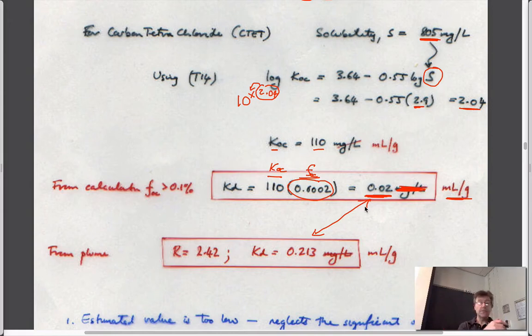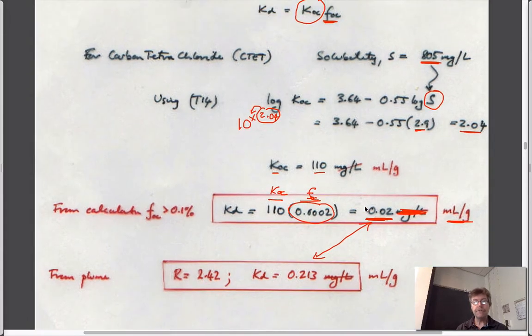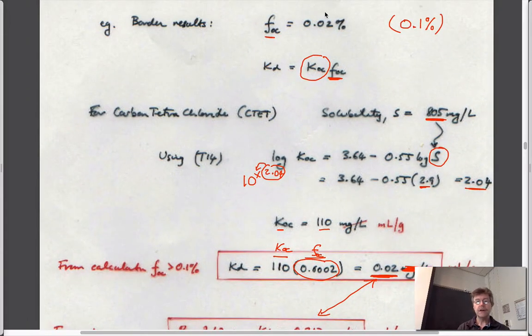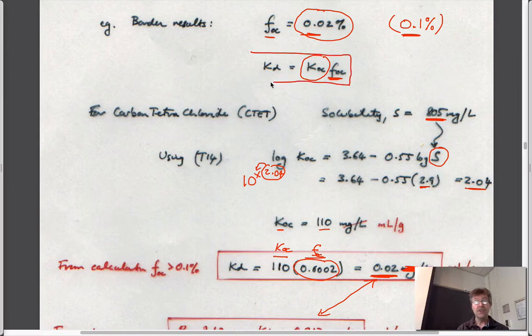Because what we're assuming is that if we only have 0.2, 200ths of 1% of carbon, we're below the threshold where we should apply it. The assumptions of the model that allow us to use this approximation are that all of the sorption goes on only in organic carbon. And so if there is no organic carbon in there, then there can be no sorption.